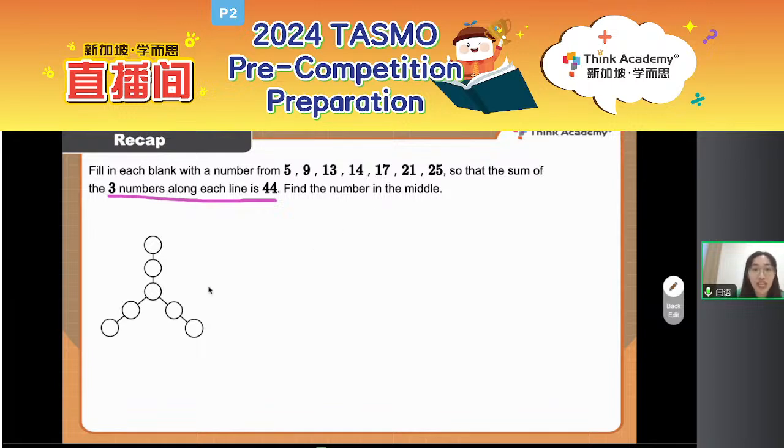Find the number in the middle. So here, maybe I give you 30 seconds. You can have a try first. Okay, 30 seconds. Yeah, if you have the answer, please show me what is the number in the middle.